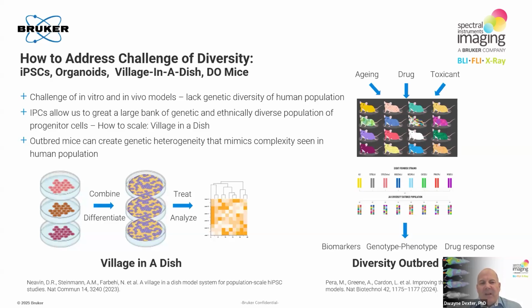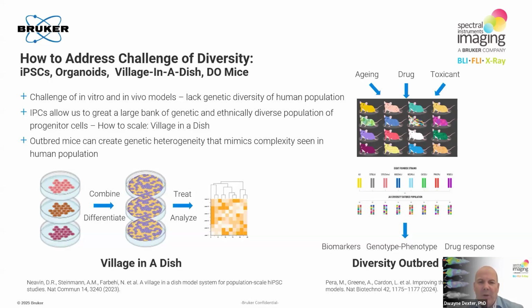But you take advantage of the iPSC technology where you combine individual iPSCs across donors into a single dish, differentiate those into the cell type you're interested in, do the treatment or intervention, and do your analysis and use deconvolution to identify the contributors to the particular phenotype you're looking for. So a clever idea of how one could look at diversity, but do it in an efficient manner.